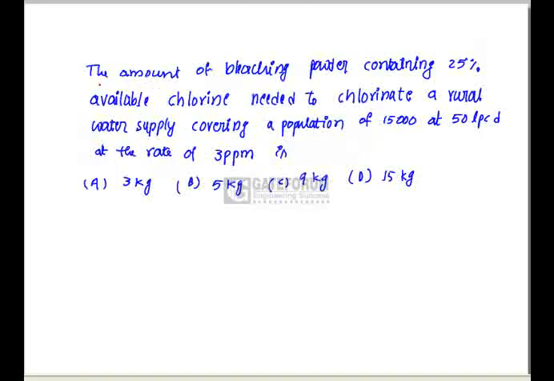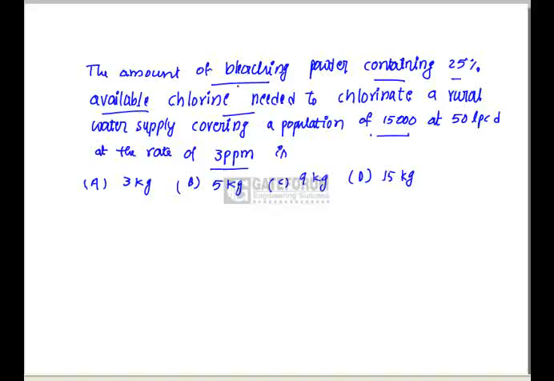We have to find out the amount of bleaching powder containing 25% available chlorine needed to chlorinate a rural water supply covering a population of 15,000 people at 50 liters per capita per day at a rate of 3 ppm.